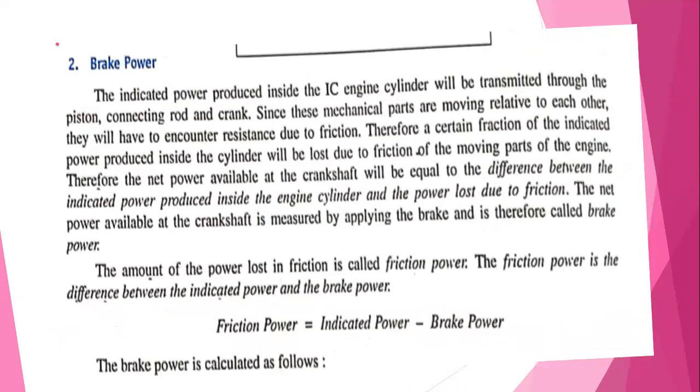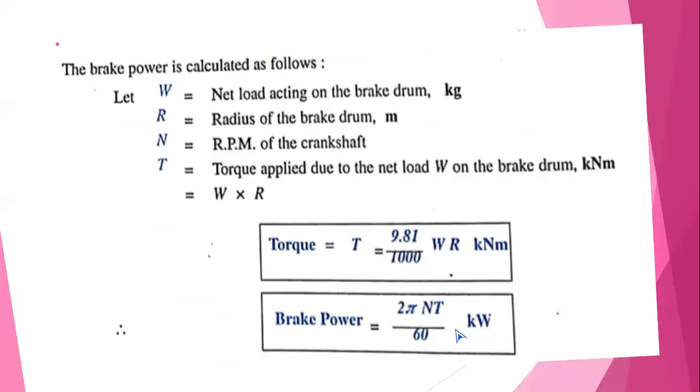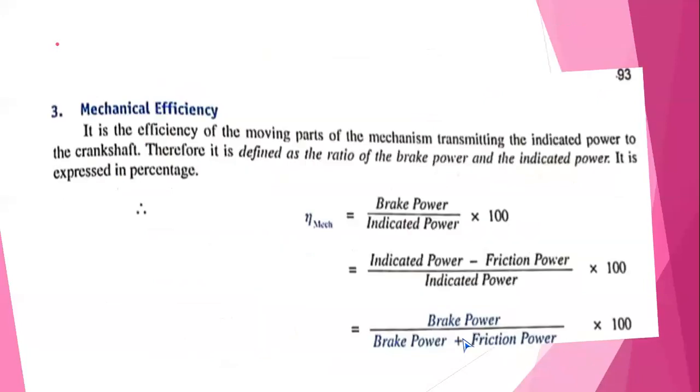So before that, friction power or brake power. See, for brake power you have the equation 2 pi NT divided by 60, in kilowatts. Next, the mechanical efficiency: the ratio of the output of the engine to the input, where input is the indicated power and output is the brake power, multiplied by 100.